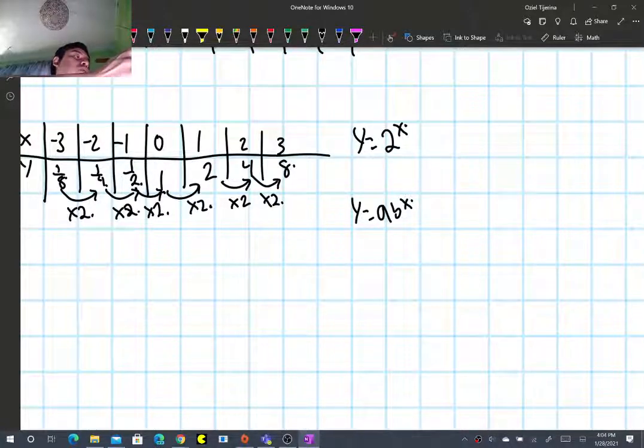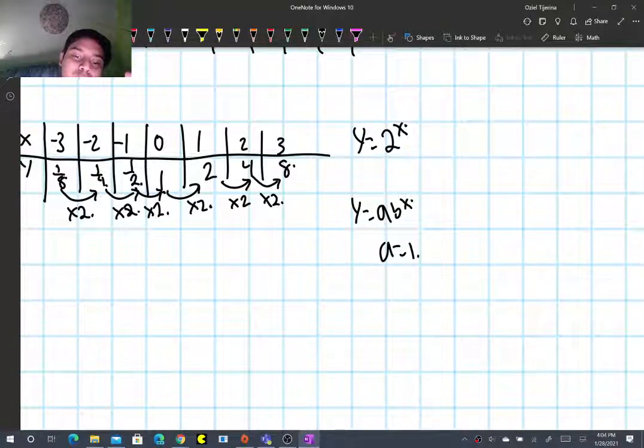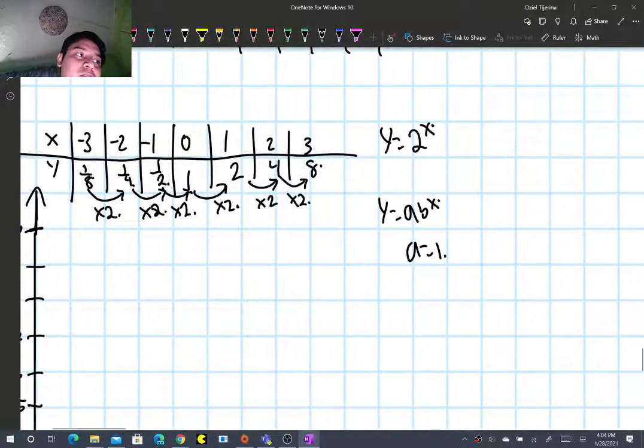If I actually do y equals a times b to the x, I can say here that if we have, for example, a equals 1 and then I go ahead and do b equals 2, I can get my function.